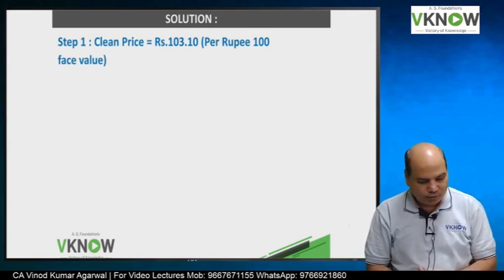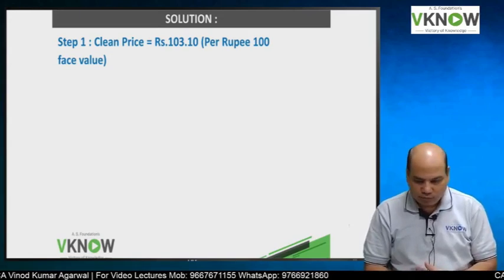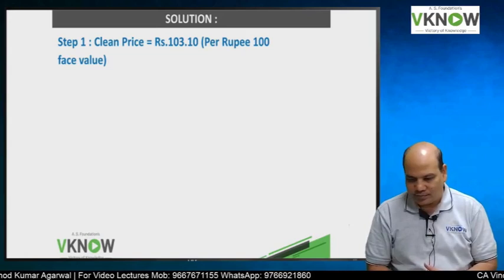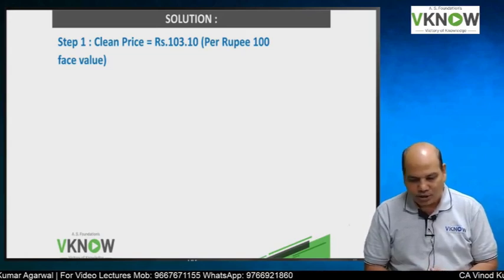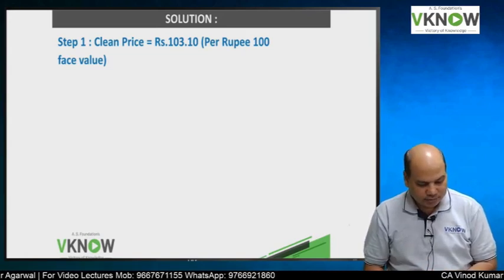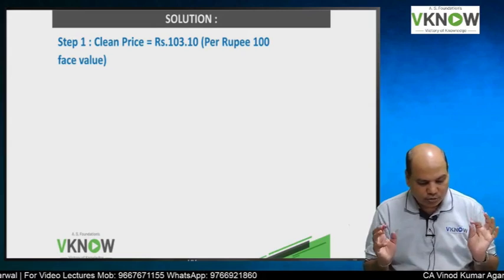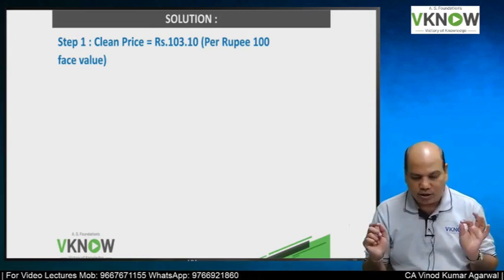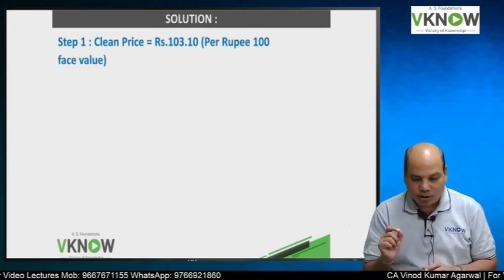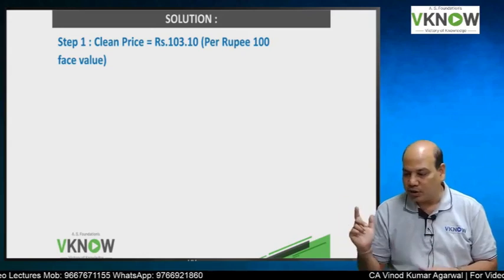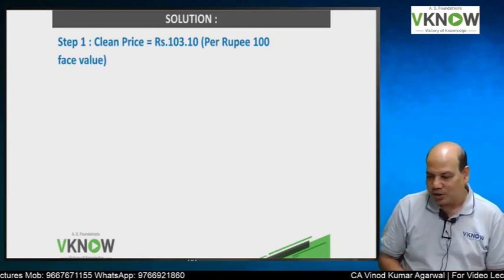So please write down a few lines. First write down clean price is equal to 103.10. If in the exam nothing is given, you will assume 103.10 is the clean price per rupee 100 face value.